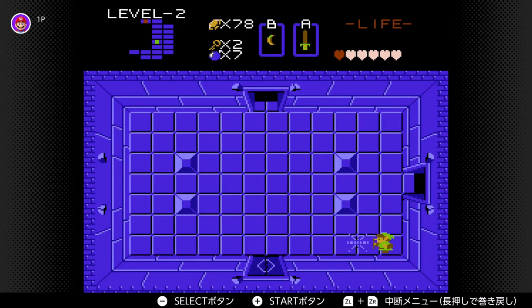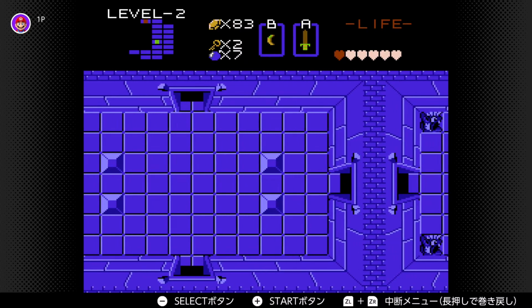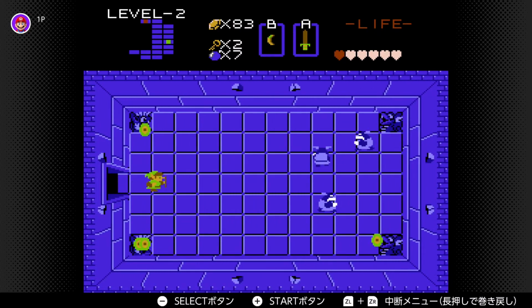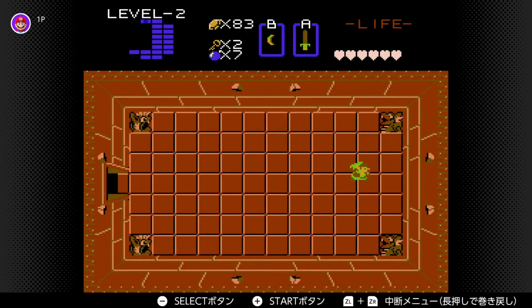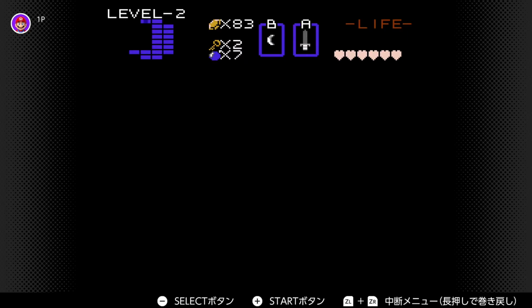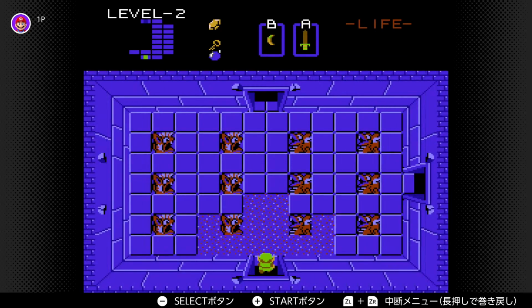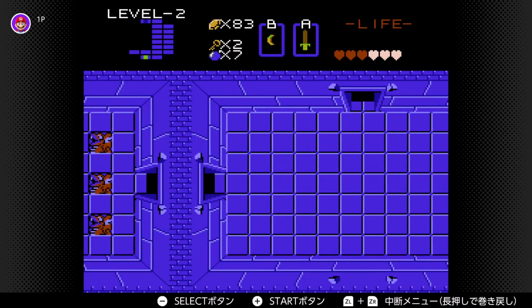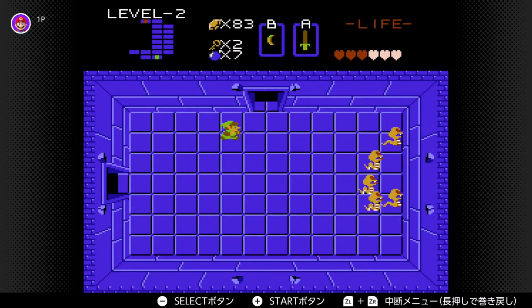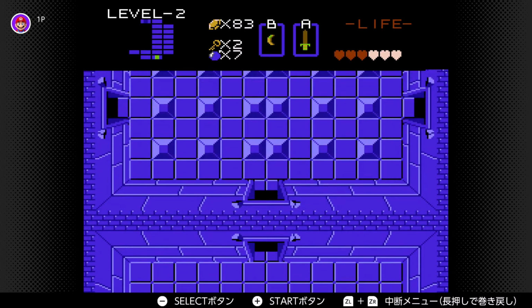Oh boy, barely avoided the rope thanks to... Yeah, we have even less health. It's not going well. Yeah, I know. It's better to ignore the enemies and get straight up here. The unfortunate aspect is that you start with 3 hearts, even though we have got more heart containers.